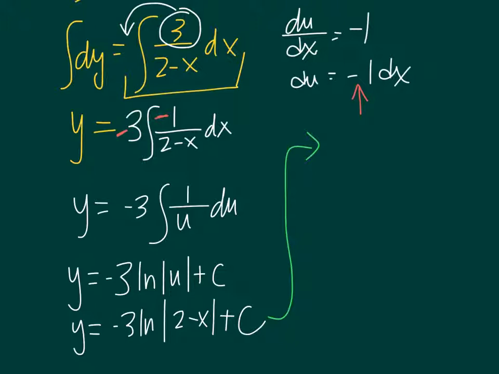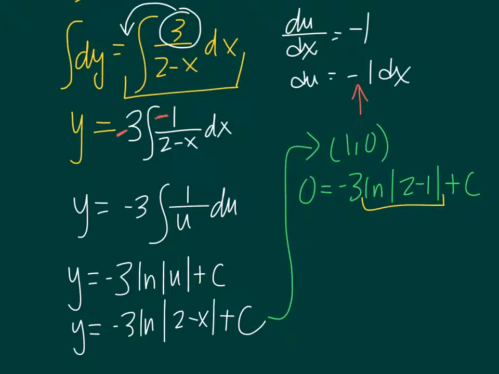If I plug the point into x and y, the point was, sorry, I lost my place. The point was (1, 0). So I'm going to plug that in. 0 is the y, 1 is the x. And then here's the ever popular natural log of 1.